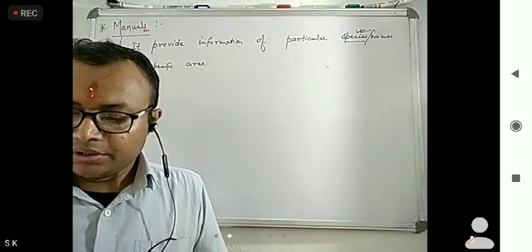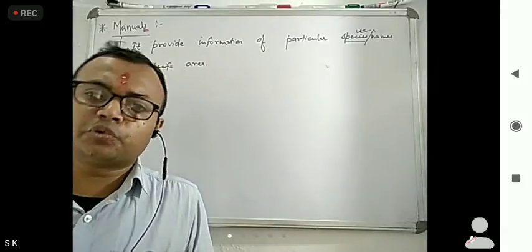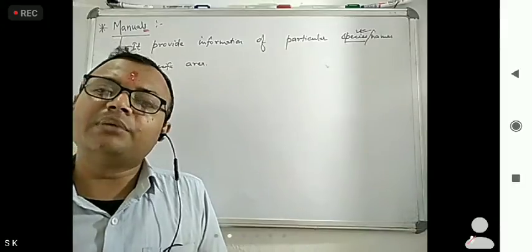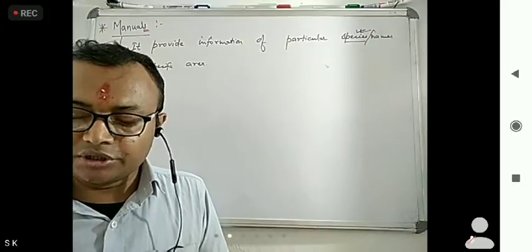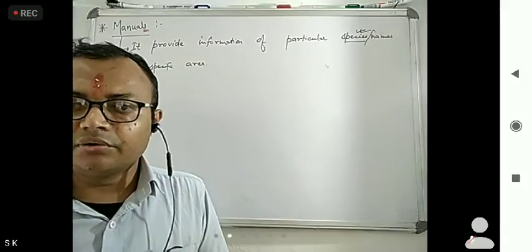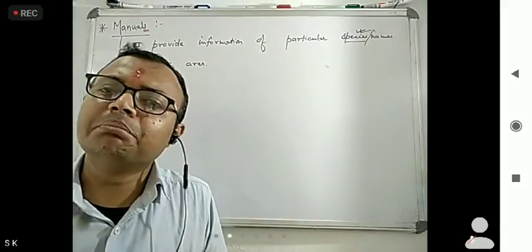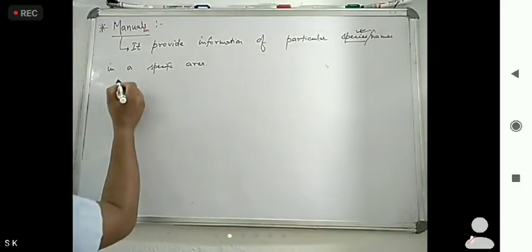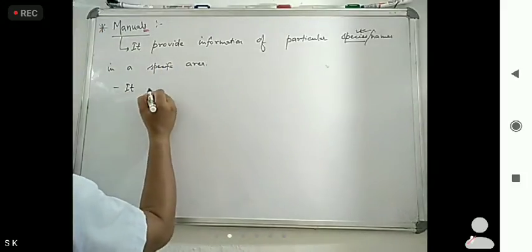Okay, now this also provides information about keys, about descriptions of family and genus, but mainly it provides information about species.